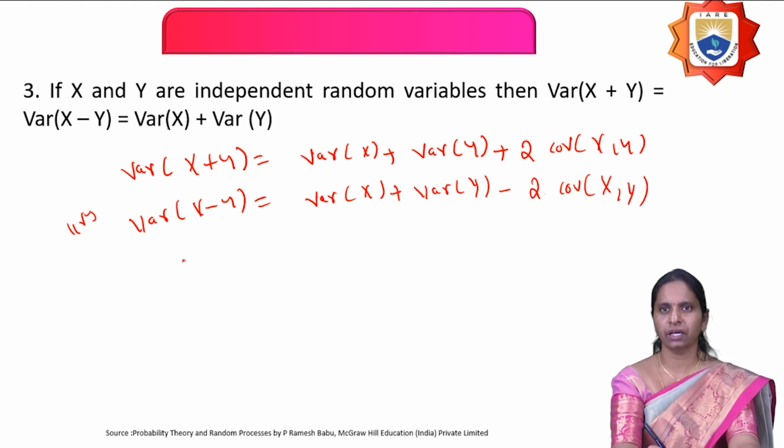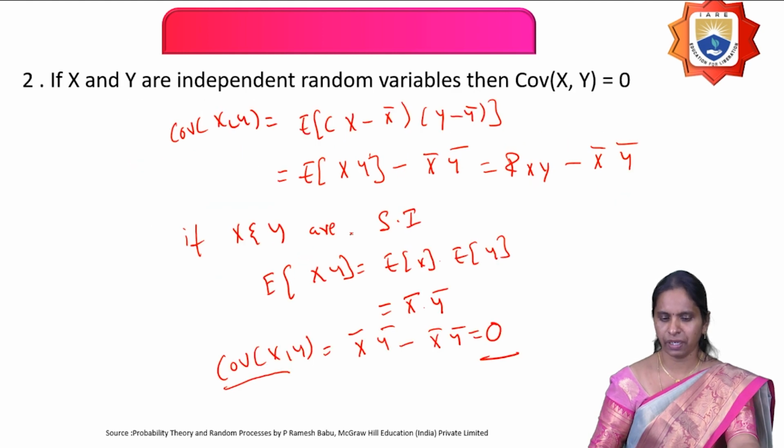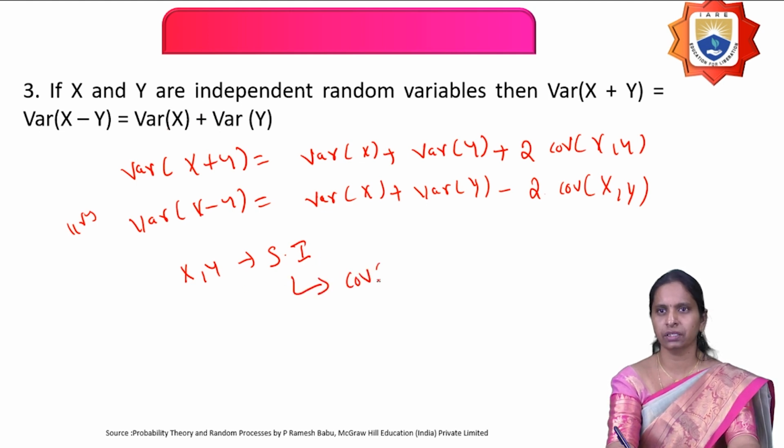What are they given? They are given that x and y are statistically independent random variables. If they are statistically independent, then the covariance is equal to 0. So substitute covariance as 0.